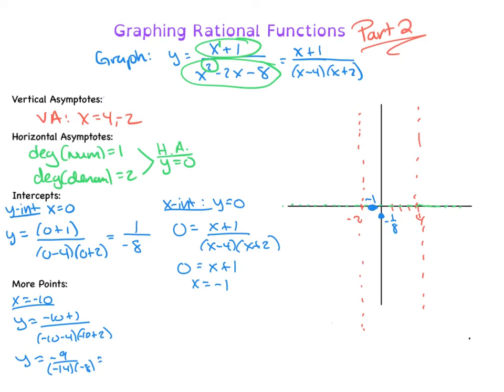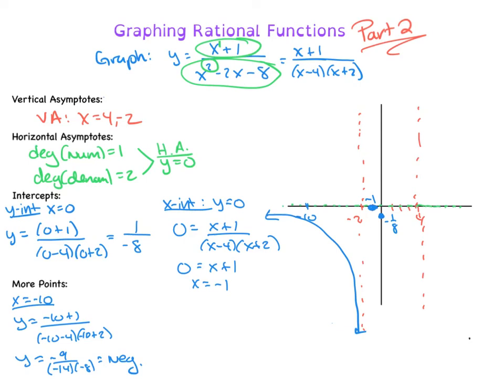And again, I'm not going to get so caught up in what that number is. I know a negative divided by a negative and another negative is going to give me a negative number. So way over here at negative 10, I know I'm going to be down below the x-axis. And if my graph has to behave according to those asymptotes, then the graph should look something like this.